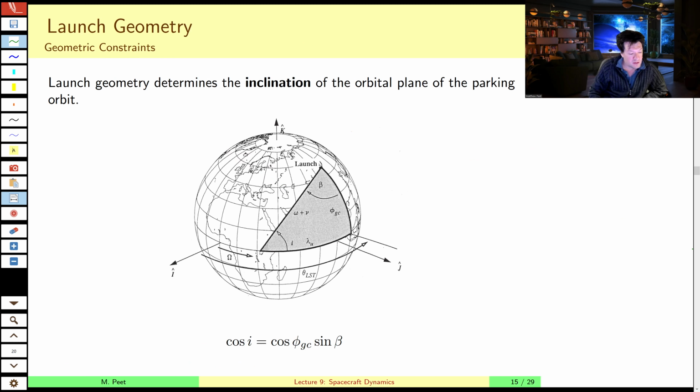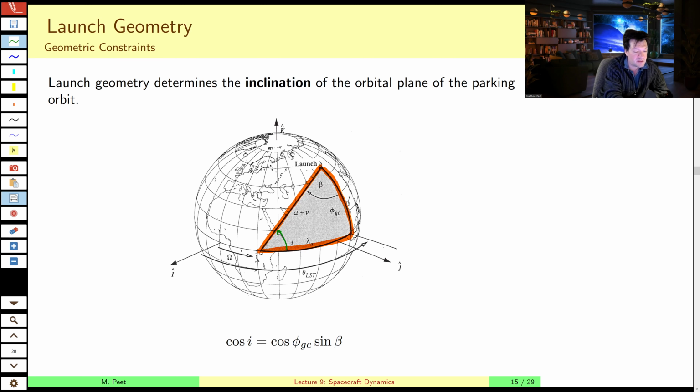So the problem that we're faced with here is one of spherical trigonometry. So we have a triangle, or it looks basically like a triangle. Here, I'll outline it for you. So what we've got here are several angles. So the first is the inclination.